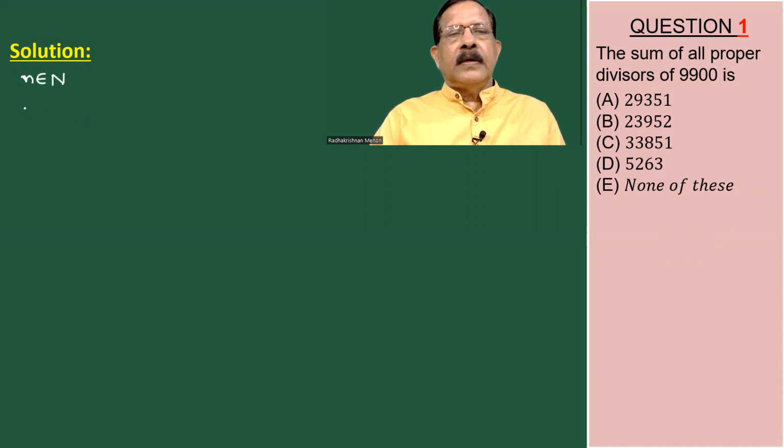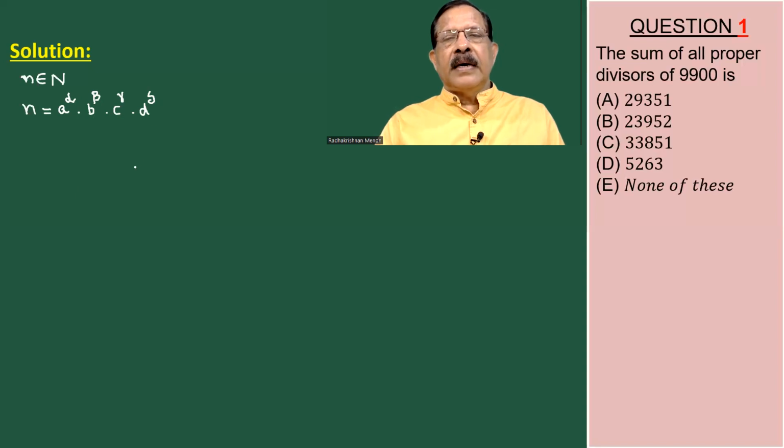You express n as a product of prime factors with powers: a raised to alpha into b raised to beta into c raised to gamma into d raised to delta, etc. In this form, a, b, c, d are distinct primes.